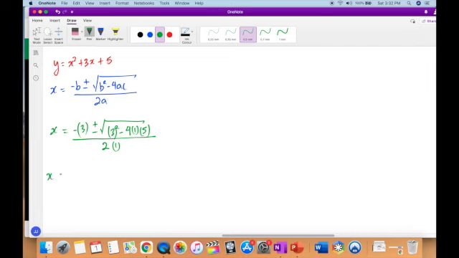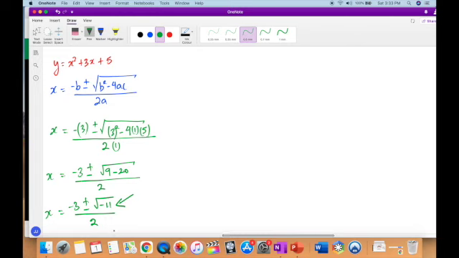So x is equal to negative 3 plus or minus the square root of 9 minus 20 all over 2. So therefore x is equal to negative 3 plus or minus the square root of negative 11 over 2. Yes, this is not possible.